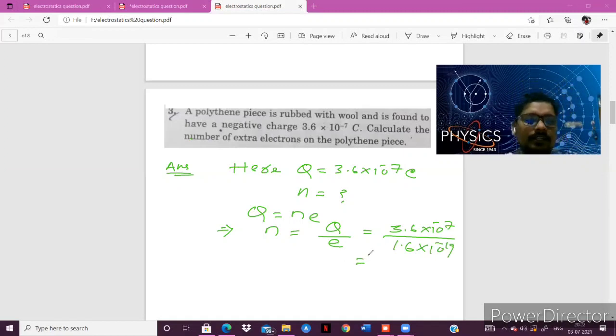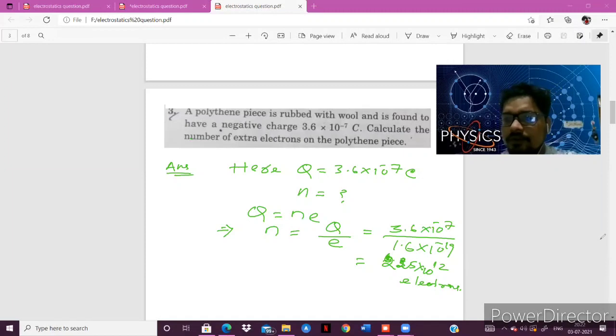Calculating, the final answer is 2.25 into 10 to the power 12 electrons.